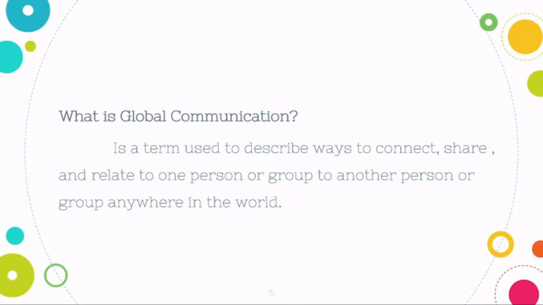For global communication, there are generally accepted ways to get your message across, even if language is a hindrance, because you tend to not speak the same language as other people from different parts of the world. So it comprises other means to communicate, to connect, share, and relate with other people.